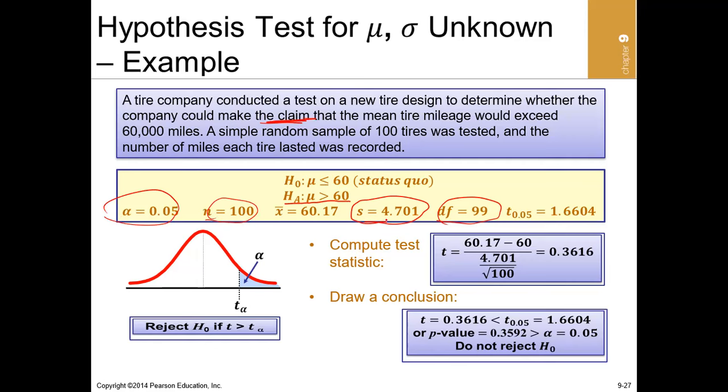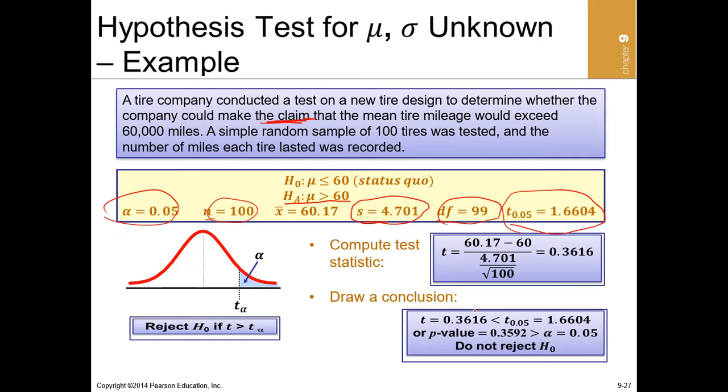Now, if you are finding the t-value at alpha of 5%, or 95% confidence level, one-tailed, and 99 degrees of freedom, you get t to be 1.6604. If you have the t table, you can just verify.